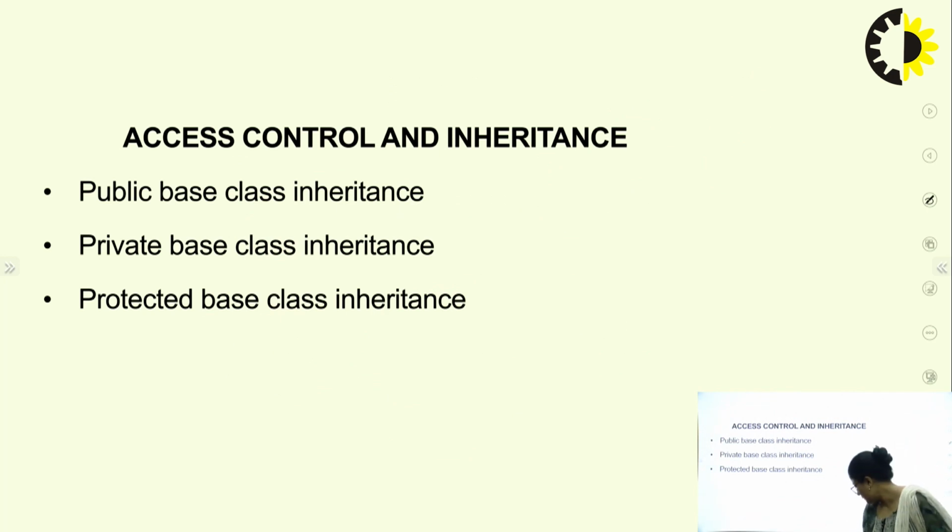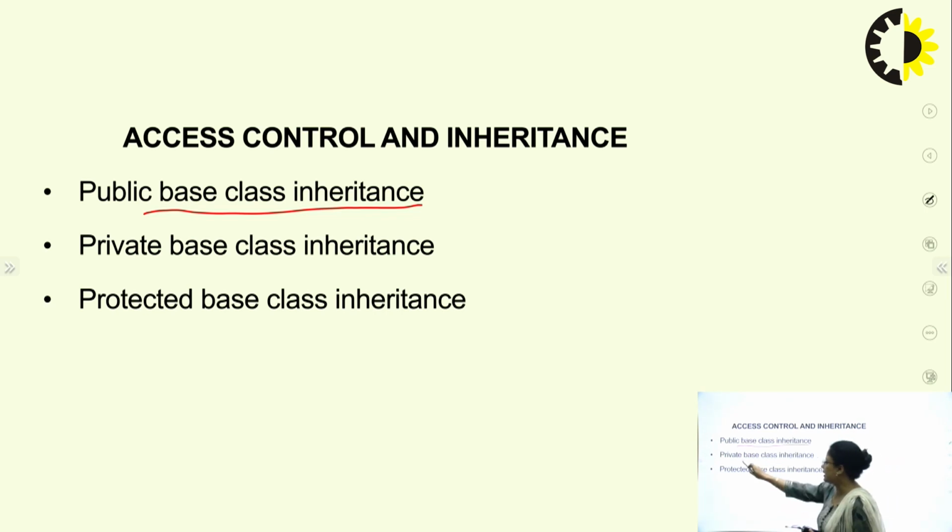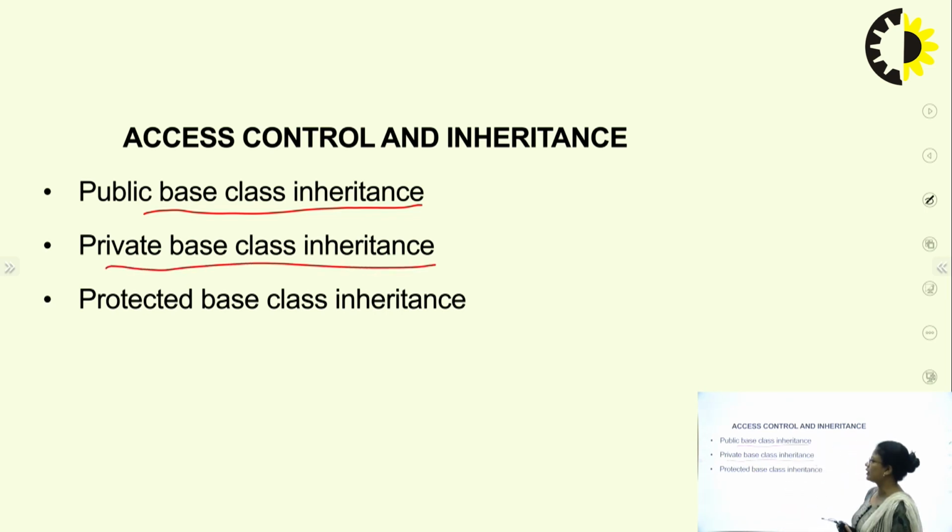Now let us talk about access control and inheritance. What role does it play when it comes to inheritance? If you look at inheritance, we have three scenarios. One is public base class inheritance, the other is private base class inheritance, and then we have protected base class inheritance.